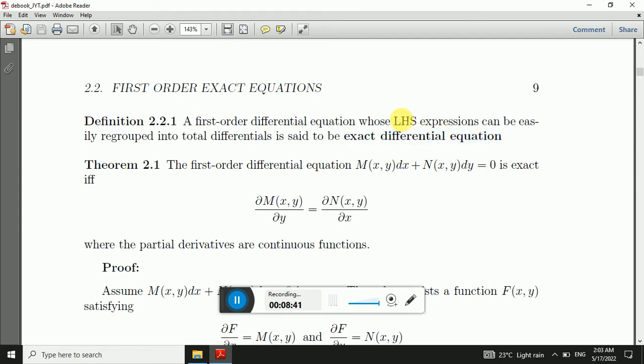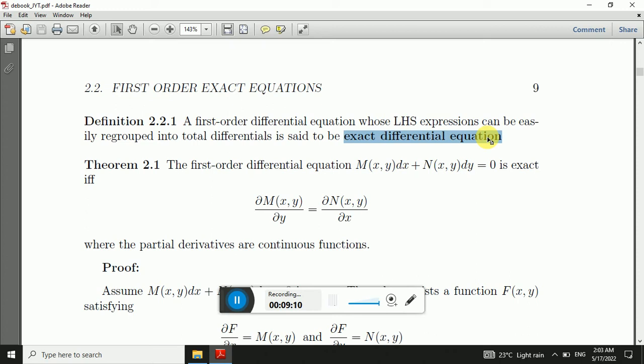If you have a differential equation whereby the left hand side, you can write it just as a total differential, you have d dx of something, and when you differentiate that, you realize that what you get is what you're having in that differential equation on the left hand side, then in that case, we say that that differential equation will be exact.